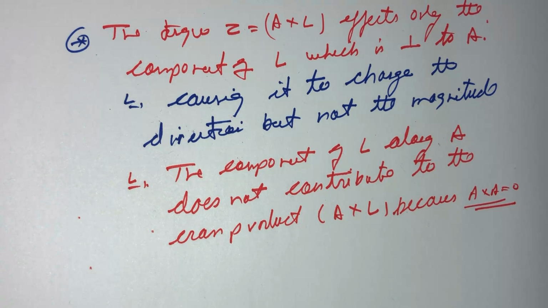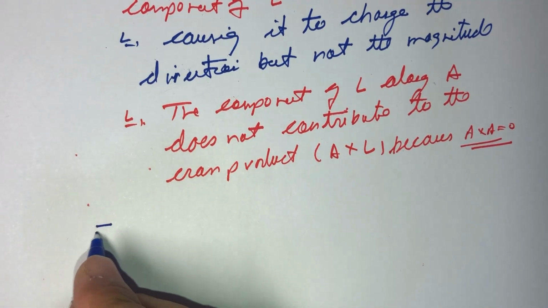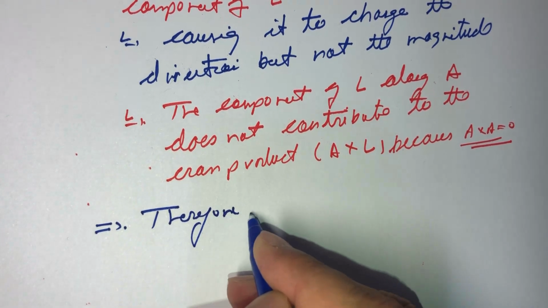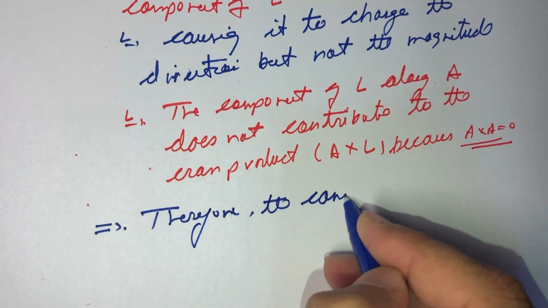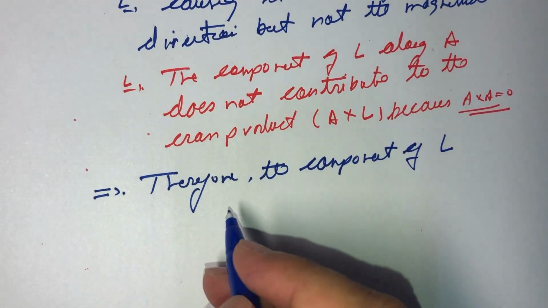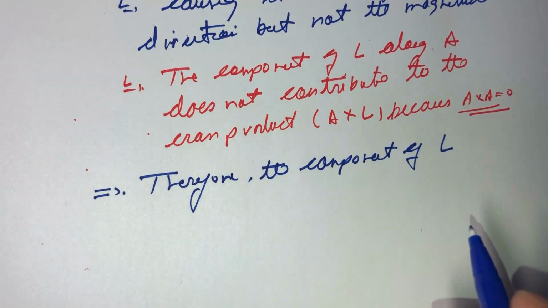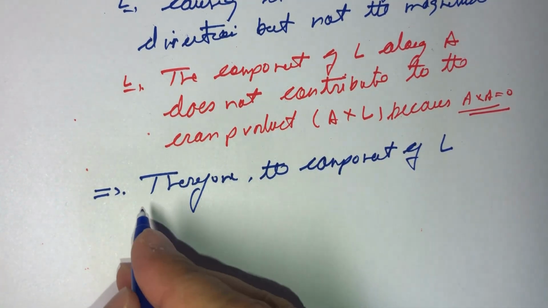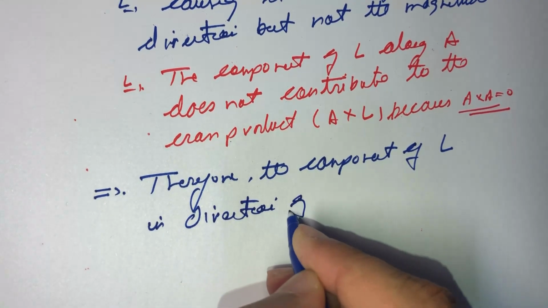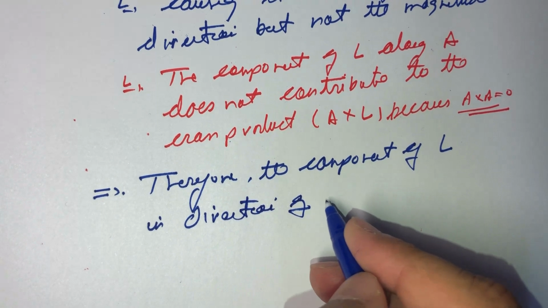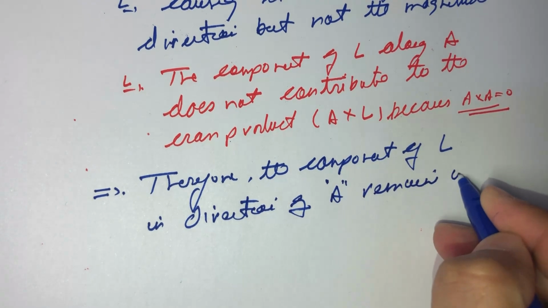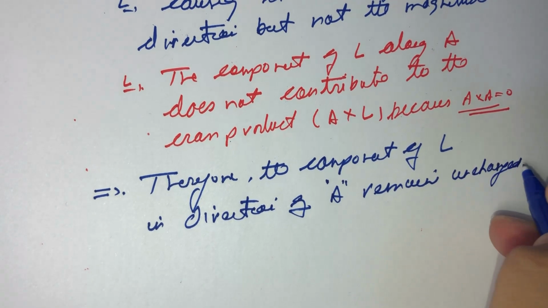Therefore, you can draw the conclusion that the component of L in the direction of A is going to remain unchanged over time.